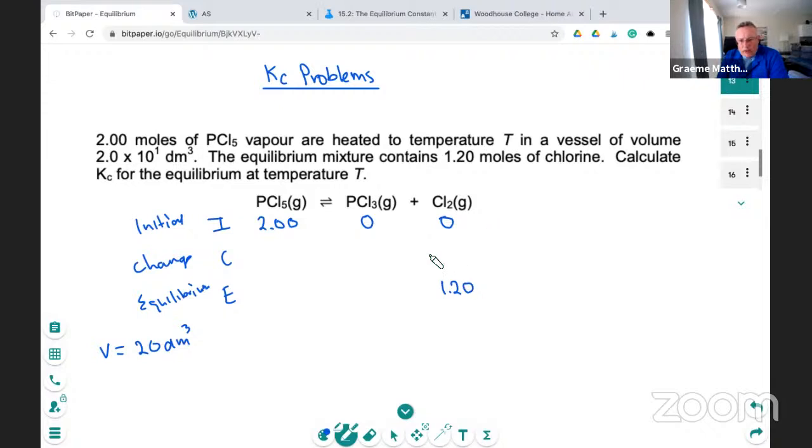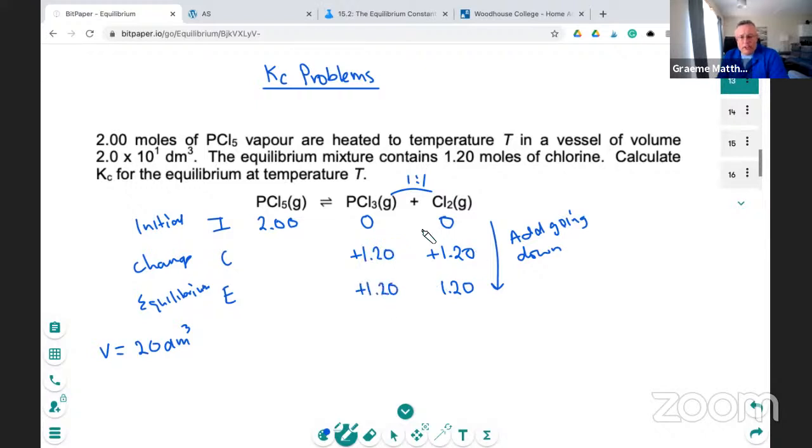The change has to be plus 1.2, because you add going down. So 0, 1.2, this is a 1-to-1 ratio, so this has to be positive 1.2, which means that this is positive 1.2.